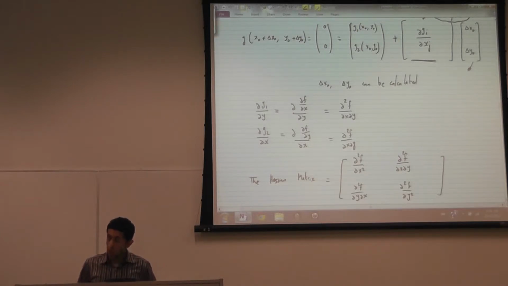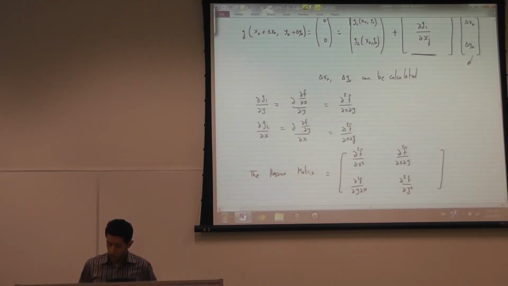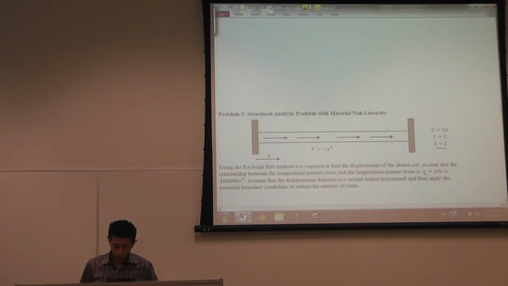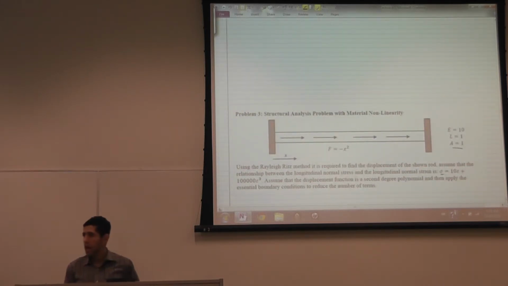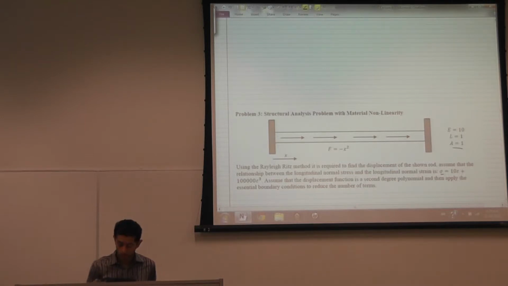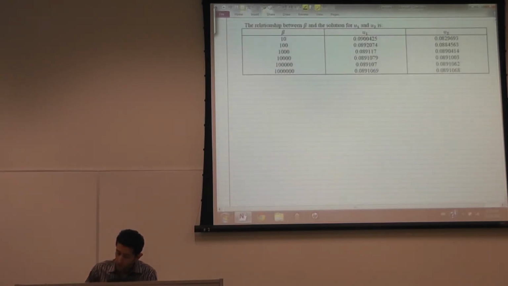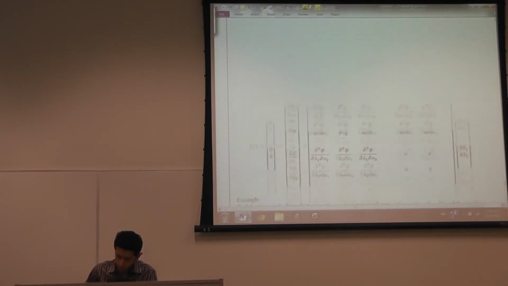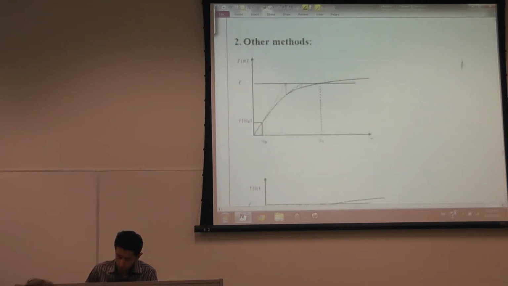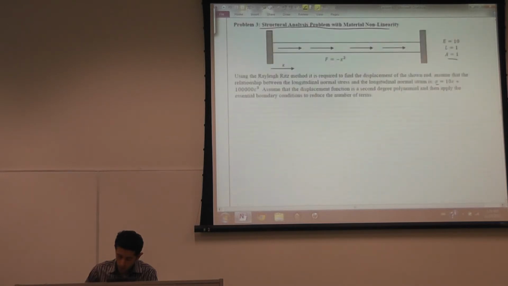Now two additional problems that are in the notes, just to see how this applies to the stuff that we're doing. The first problem is a problem with material nonlinearity. I have a material nonlinear problem where the stress is related to the small strain using a nonlinear equation.